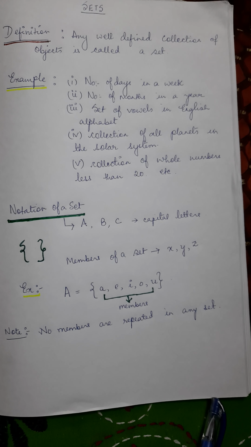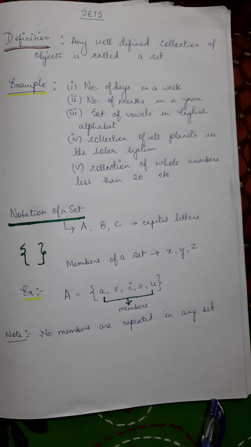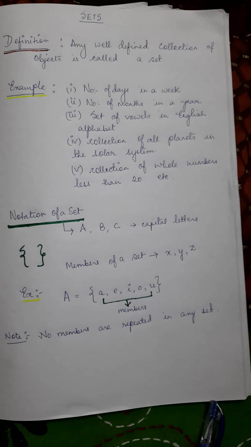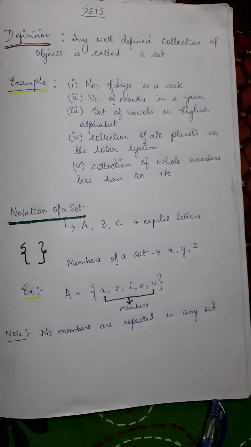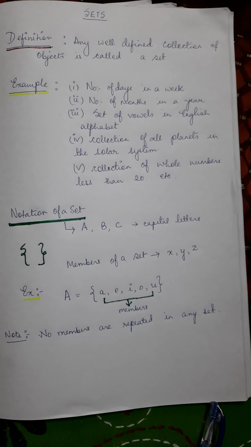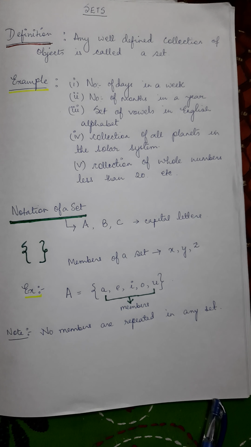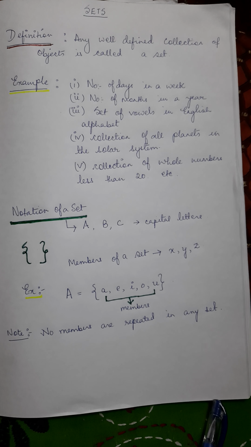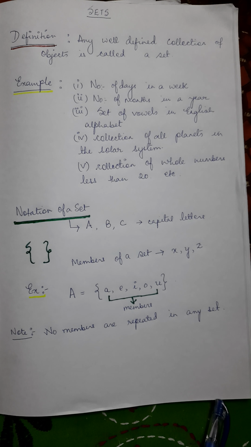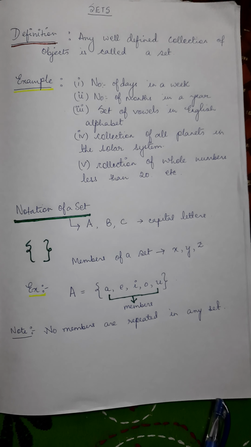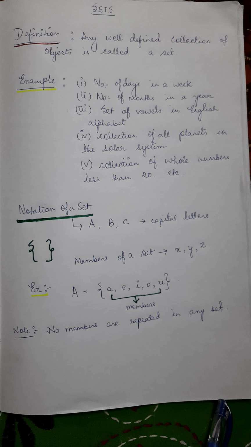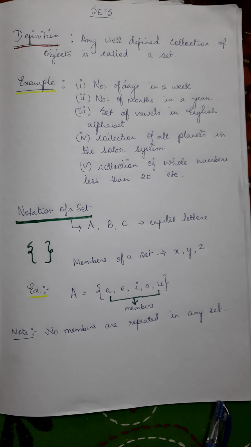Now, what is notation of a set? How do we represent a set, or how do we write a set? To write a set, we generally use capital letters like A, B, C or X, Y, Z. And remember, a set is always represented by a second bracket, as I have mentioned out here. It is neither first bracket, neither third bracket.